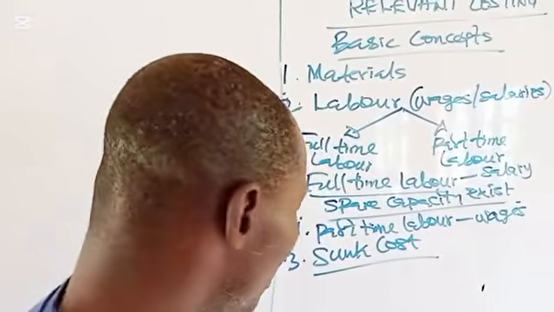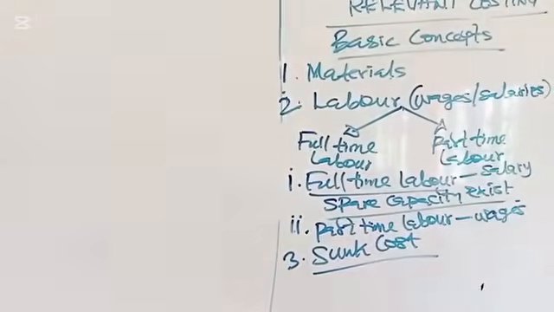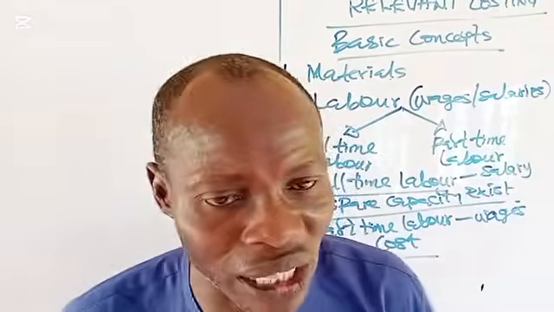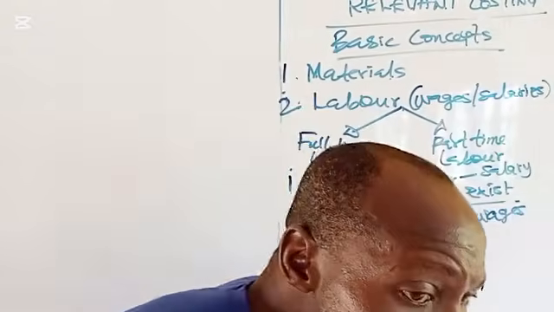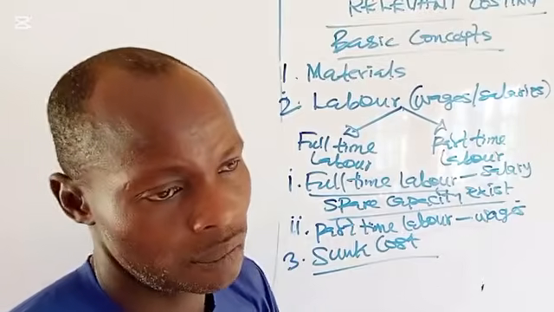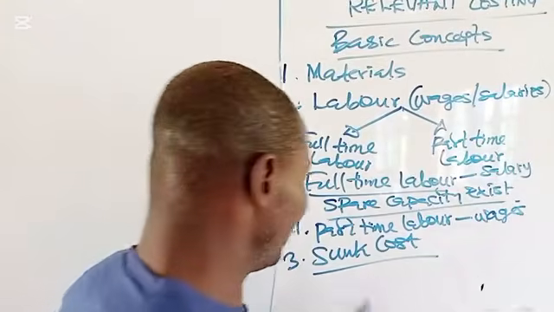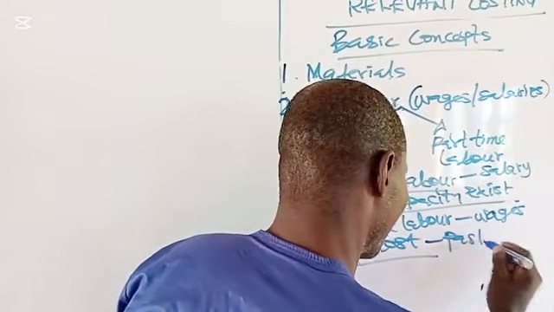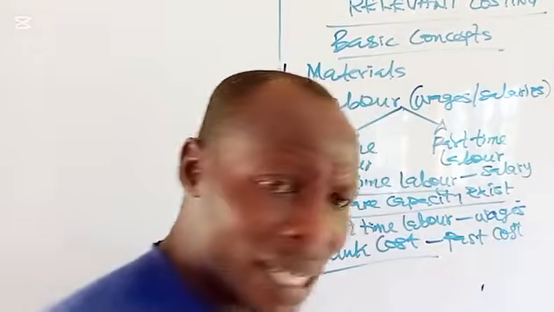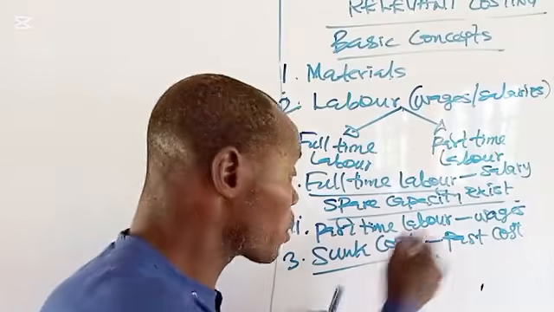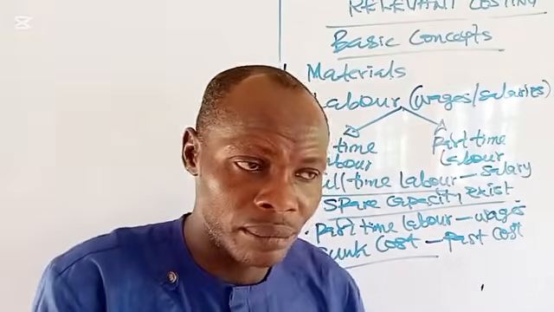Sunk costs are past costs. If you go by the definition of relevant costs I've given you, I've said relevant costs are what? Differential future cash flows. Because of the word future, and this one is past cost, it means any sunk costs are not relevant.